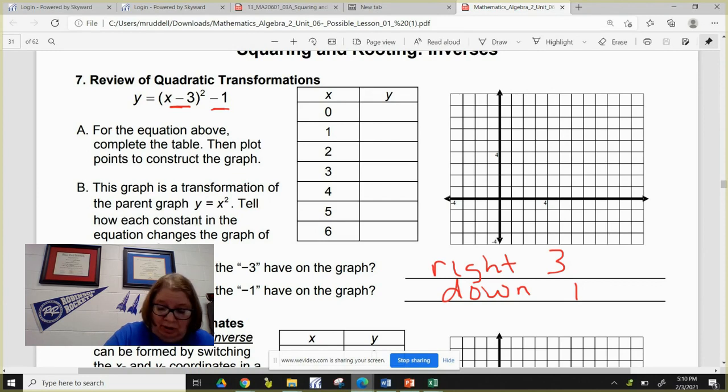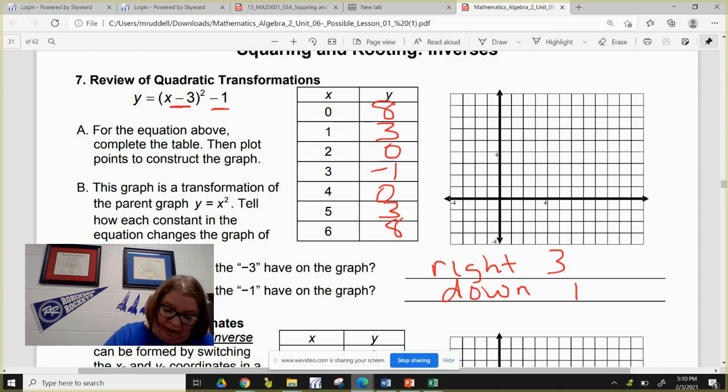Your y values are 8, 3, 0, negative 1, 0, 3, and 8.